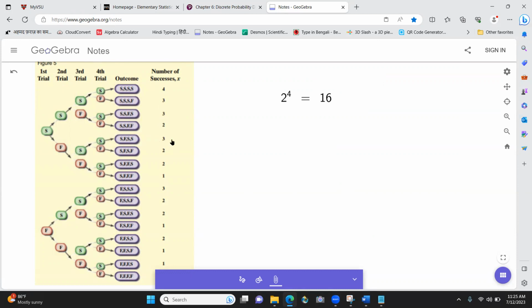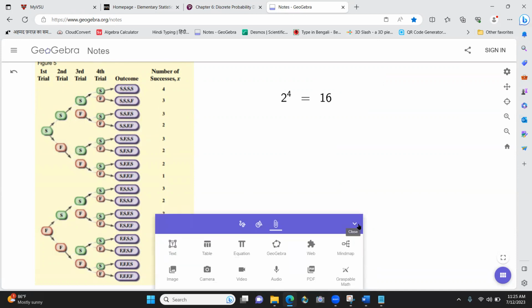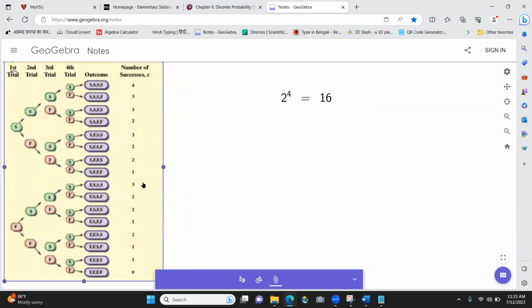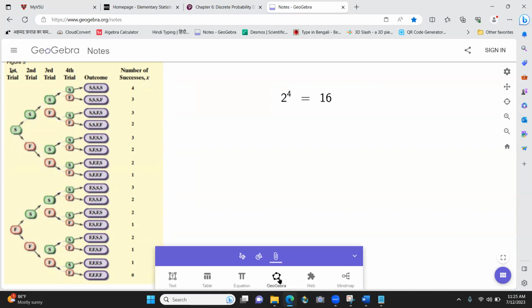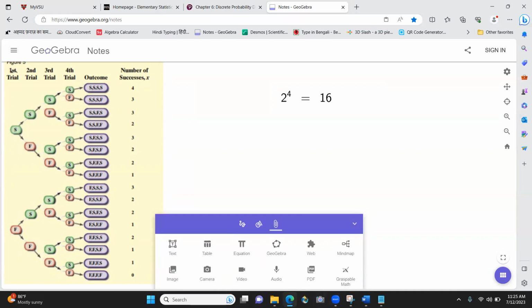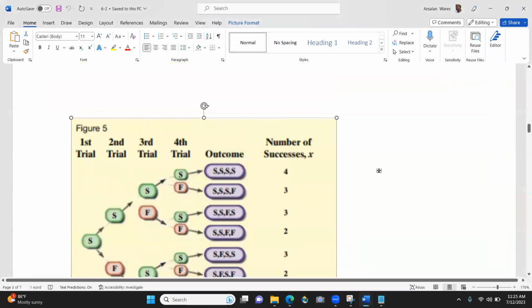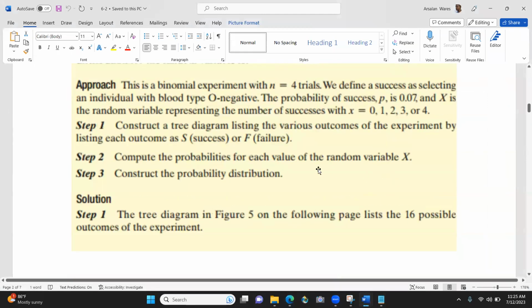Success, failure, success, success, so on and so forth. We are going to use this to answer the question. With zero successes, out of 16, what's the probability all four have O negative? The answer is 1 out of 16. So let me get the problem from your book and we'll answer some of those questions.